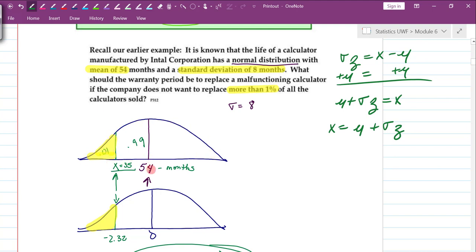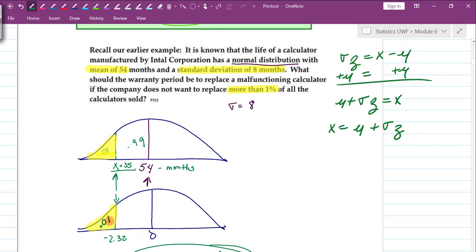We drew our first picture and put our mean of 54 months in the very center. Then we drew a mirror image of that, our sister graph, which is the standard normal distribution. We had to find what z value corresponds with 0.01 being right in here.